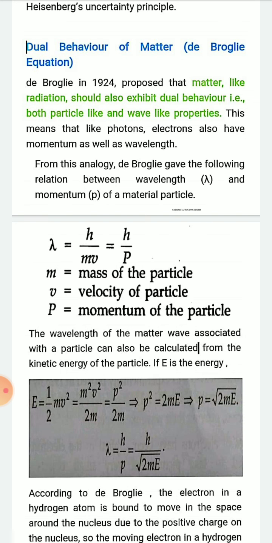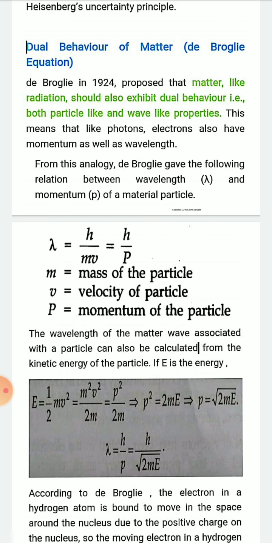That's why scientist de Broglie first gave the equation for calculating the wavelength of a moving subatomic or microscopic particle, which is known as the de Broglie equation: lambda, the wavelength, is equal to h by mv or h by p. mv means mass of the particle times velocity of the particle, and mass into velocity means momentum. So you can also write lambda is equal to h by p.